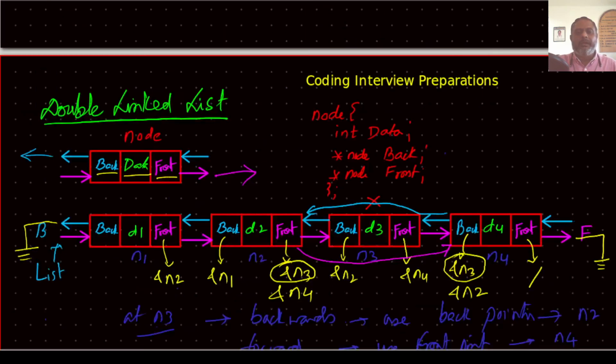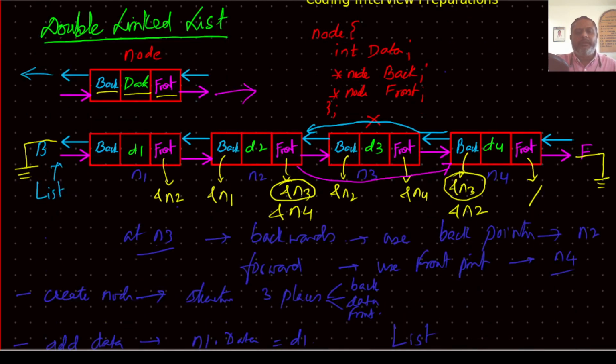Insertion is not an issue. If you want to insert any node here, then you just have to create an extra node and then make the necessary connections. So you cancel this from here, connect here, and from here connect here. So that makes the forward journey.